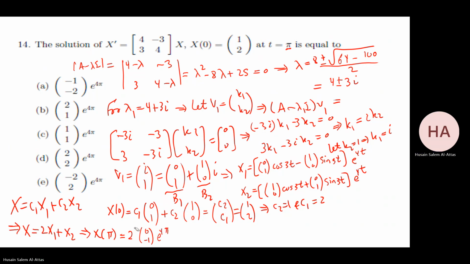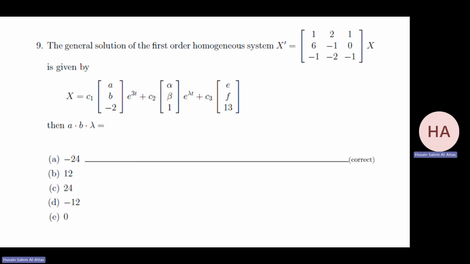That will be x1 at pi plus x2 at pi. Cosine 3 pi will be negative 1, 0. Sine 3 pi is 0, e to the power 4 pi. So that gives me minus 1, minus 2, e to the power 4 pi.